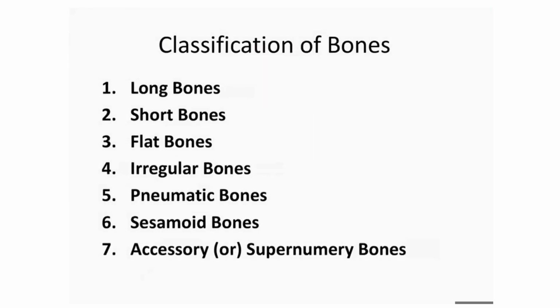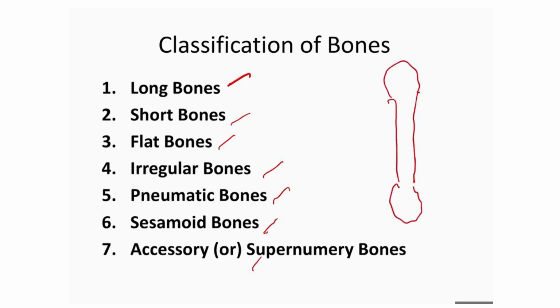To classify the bones, you can classify them as long bone, short bone, flat bone, irregular bone, pneumatic, sesamoid, and accessory. You should remember examples of these bones and what features can be present on a long bone. If it is a long bone, we'll have a shaft in the center connecting 2 ends, an upper end and a lower end.